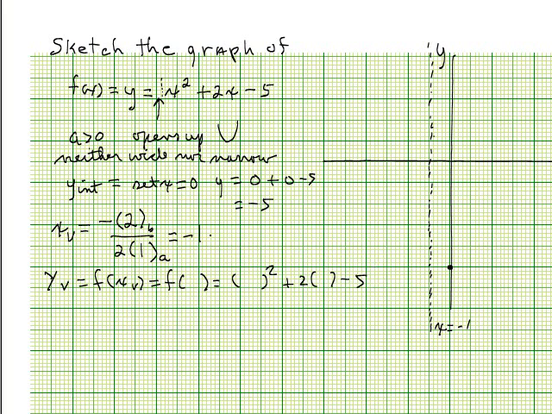And since the x of the vertex was -1, that's what goes in my empty holes. So -1 squared is 1. 2 times -1 is -2. Minus 5 is -6. So my vertex is right here at -6.